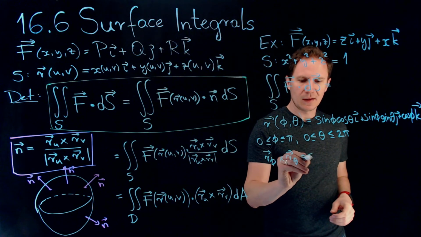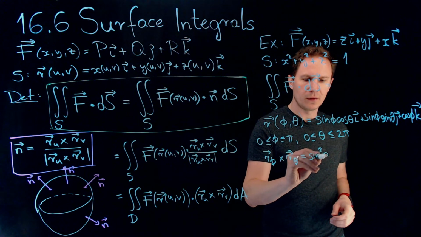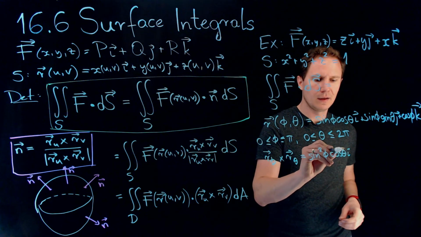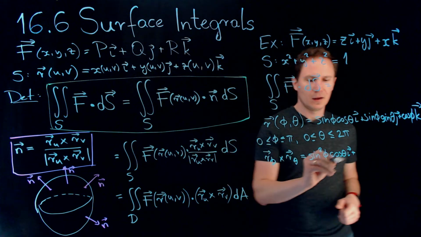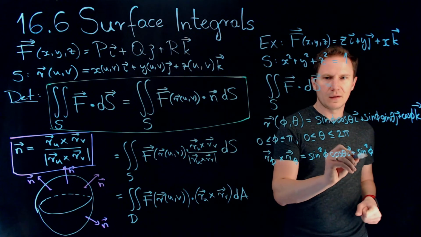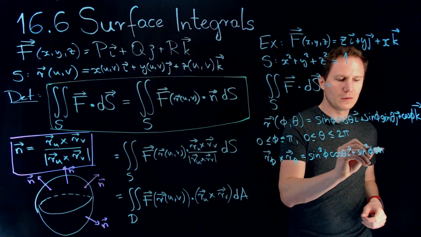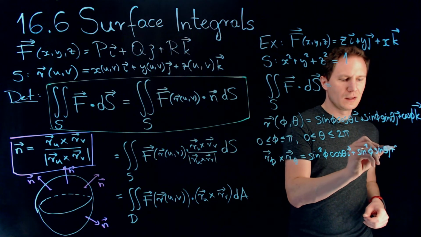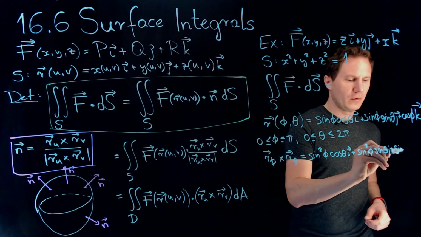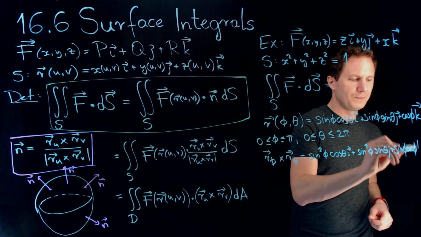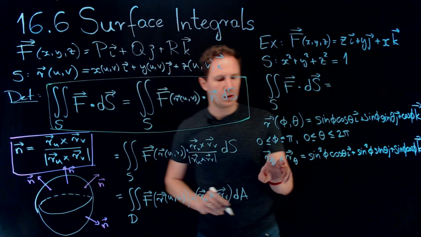It's going to be the sine squared of phi times the cosine of theta i, plus the sine squared of phi times the sine of theta j, and finally plus the sine of phi times the cosine of phi k.